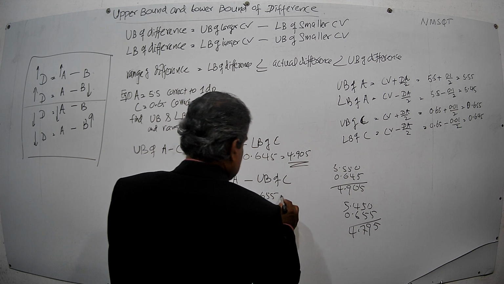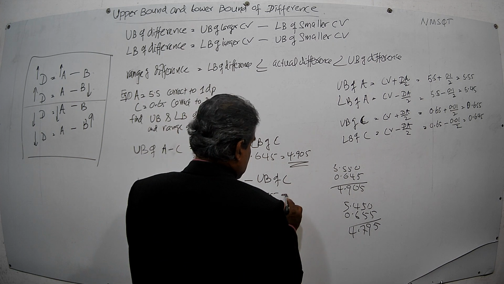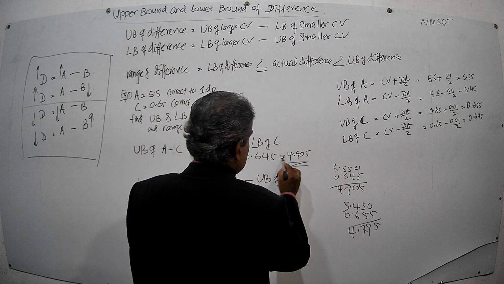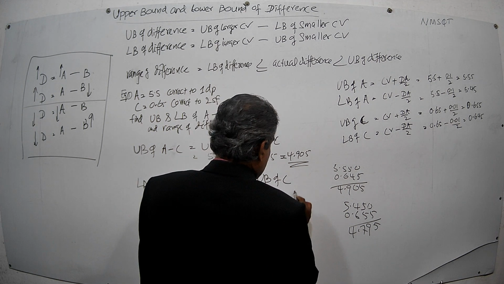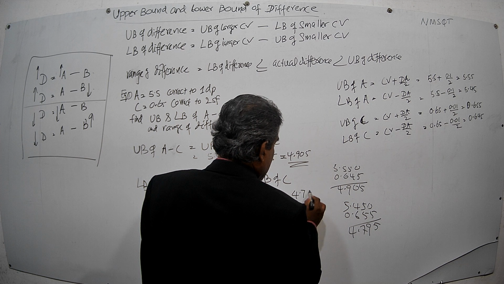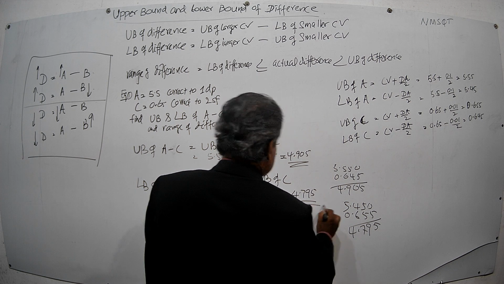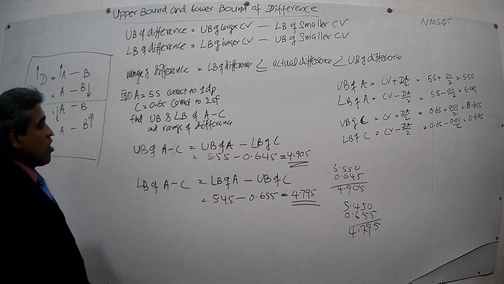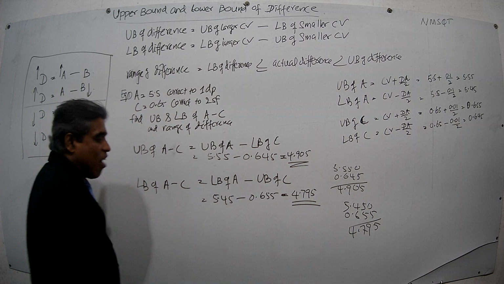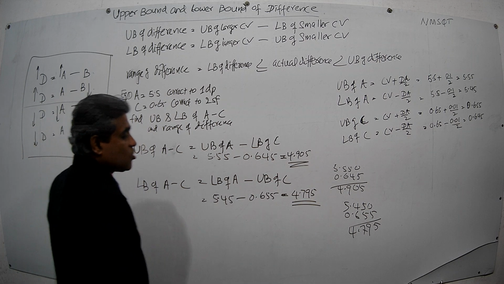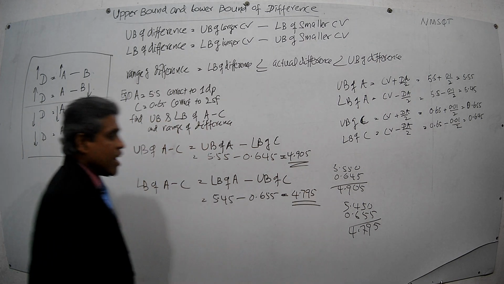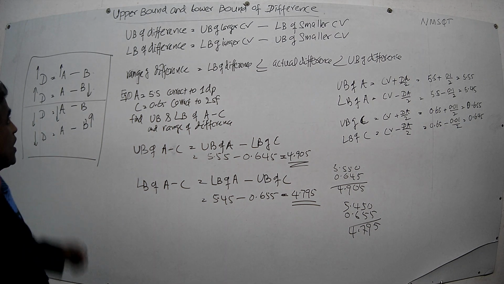Lower bound of the difference is 4.795. So those are the two answers. If the upper bound of the difference is 4.905, then the lower bound of the difference is 4.795. Okay, right.